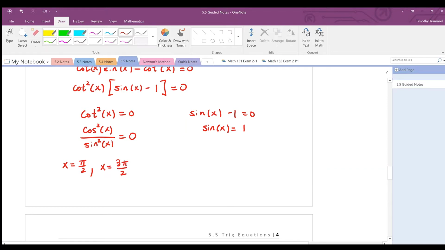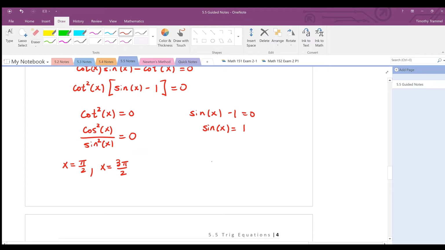And I didn't add the 2 pi in this time because we'd have the same thing happen that happened in the previous example. If you add any multiple of 2 pi to either one of these, it's either going to be bigger than 2 pi or less than 0. Okay, so all I'm really doing here in this one is writing down the angles that will make cosine of x 0, and now I want the ones that will make sine of x equal to 1.